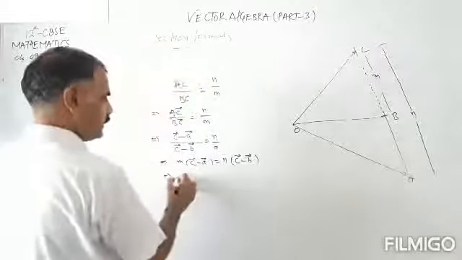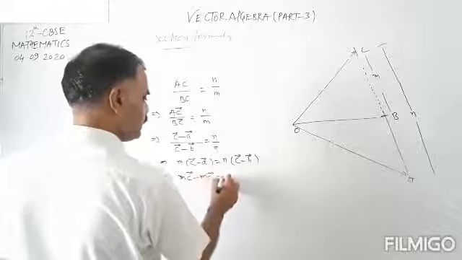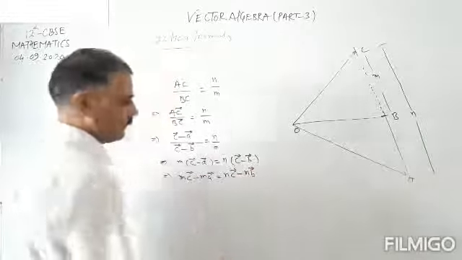So this is equals to MC vector minus MA vector is equals to NC vector minus NB vector.